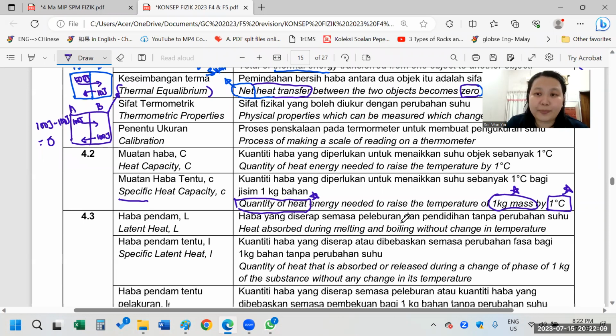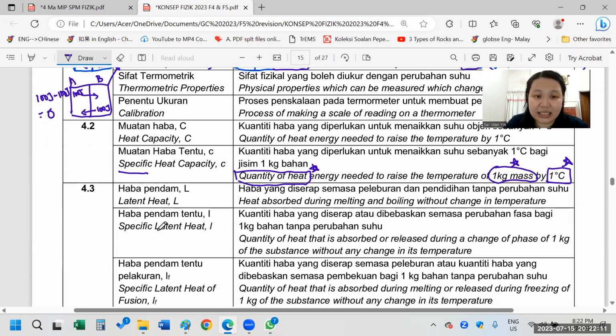Then specific latent heat. You must also mention heat. Specific means 1 kg of mass to change phase, or you can say to melt, to freeze, to vaporize.